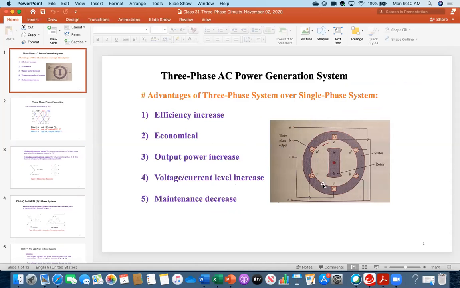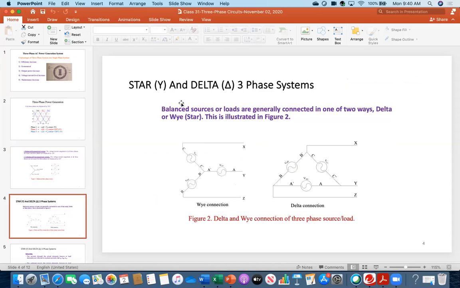Because it is three phase, it can be delta connected, it can be Y connected. You see what I have written: star or Y and delta, three phase system. You all know the Y and delta that you have even learned in the case of DC circuits, like resistance in Y form or in delta form. Because there are three systems.